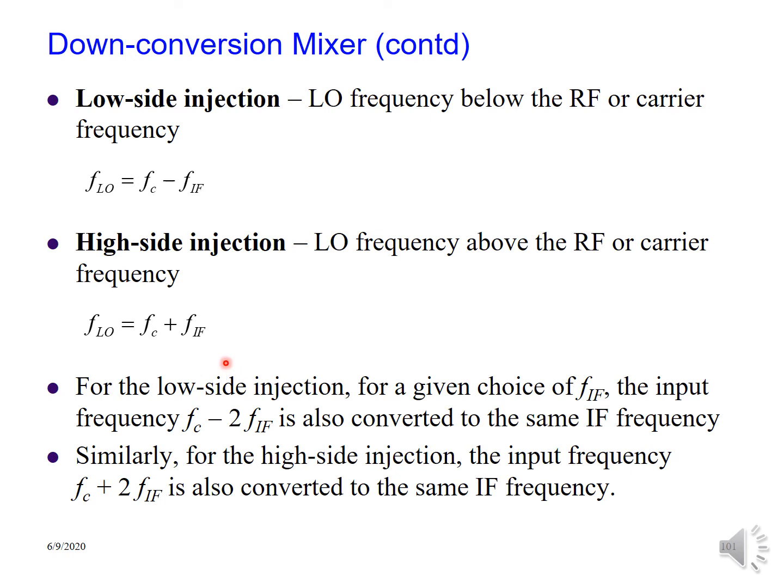If the LO is higher than FC, we call it high side injection, and low side injection if the LO is lower than FC. For low side injection, to get the IF, the input frequency FC minus 2 IF will also be converted into the same IF frequency.